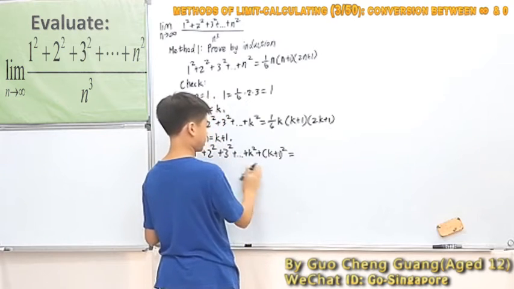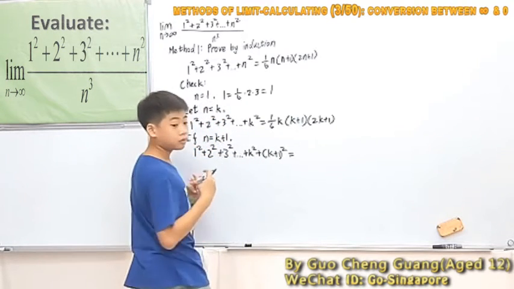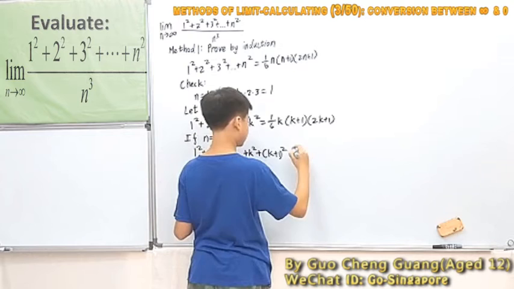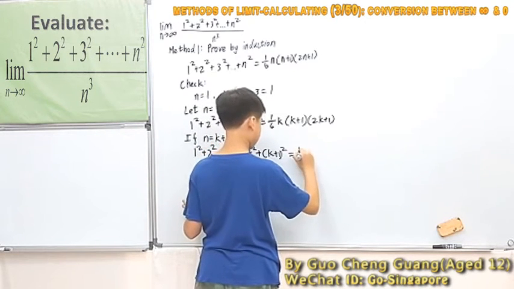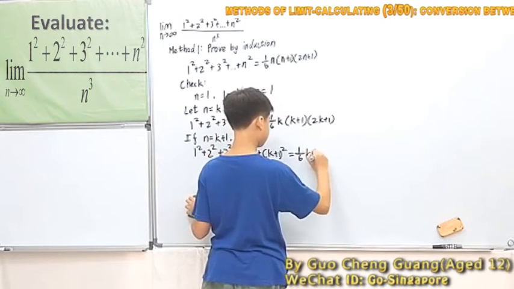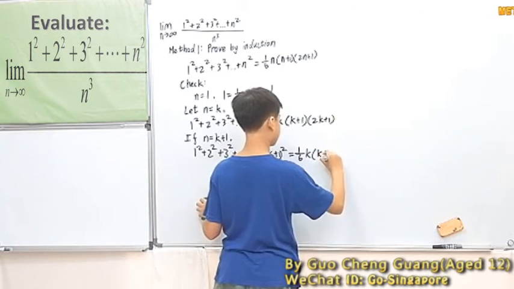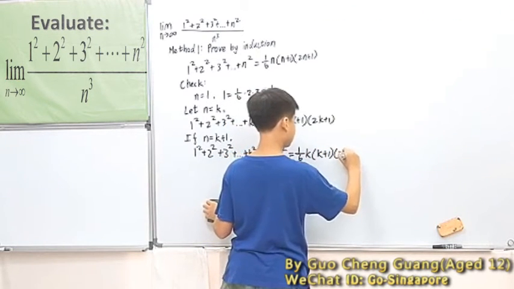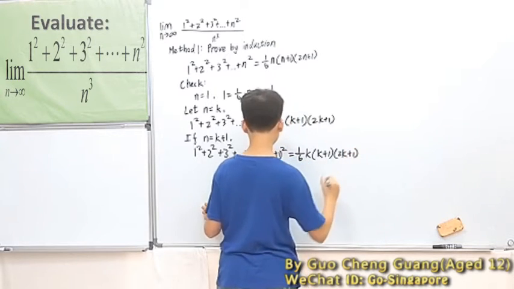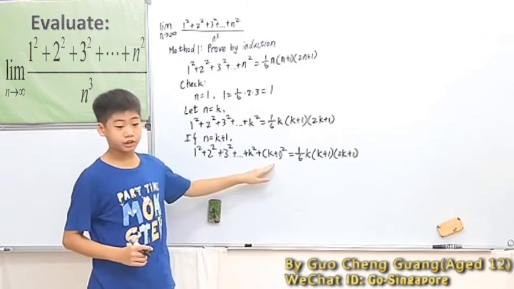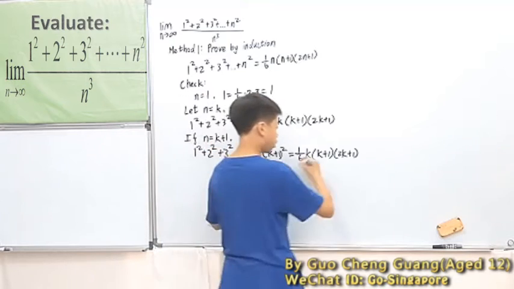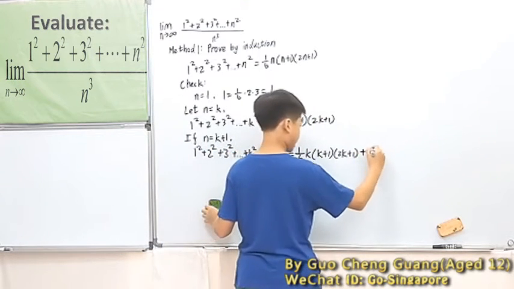We don't straight away write it down into what the formula should be. We use the original one all the way until k square. So it is the 1 over 6k times k plus 1, 2k plus 1. Then because there's this additional term, so you also need to add it on the other side.